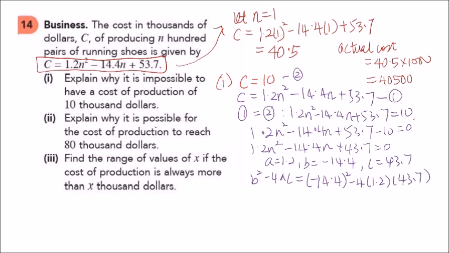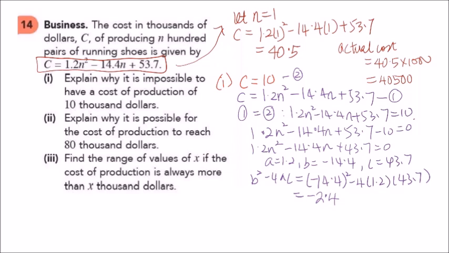Alright, so we're going to use a calculator to work it out. And you get negative 2.4. So what can you say about this value, negative 2.4?